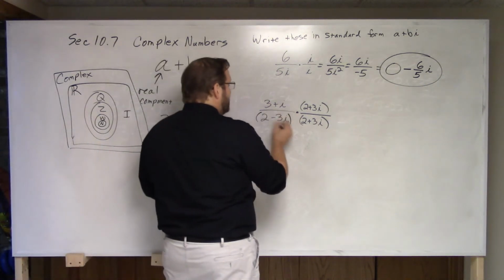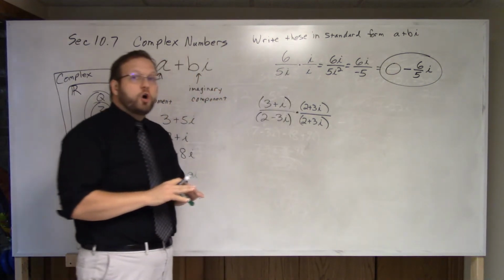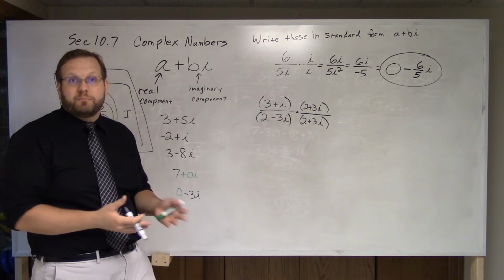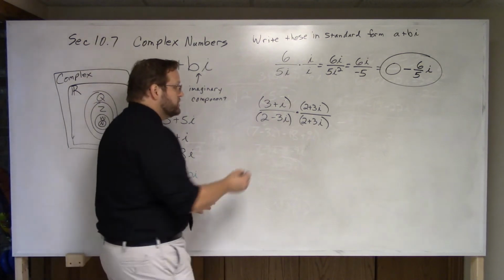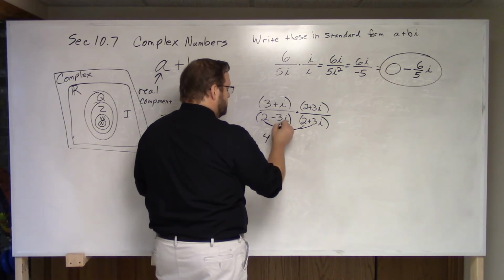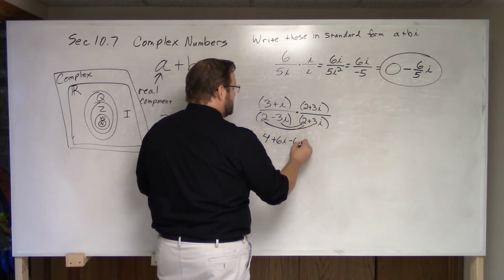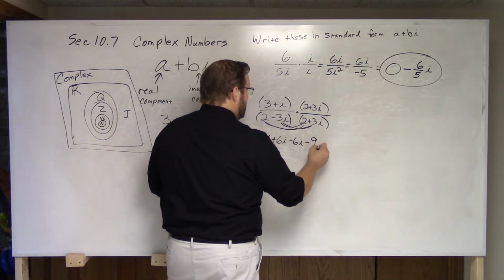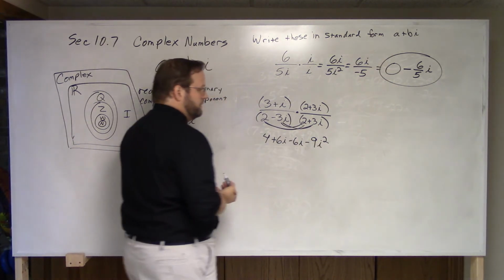Now, what that should do is clear out all the i terms in the denominator. Make sure that happens, because if it doesn't, maybe we picked the wrong thing. So what I get is a 4 plus 6i minus 6i minus 9i squared.